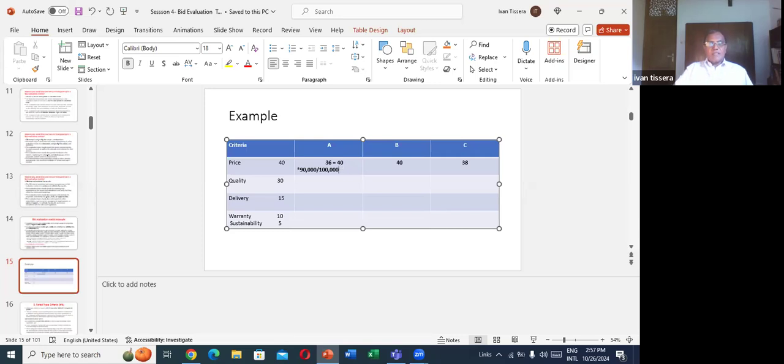Yes. So this is how you have to calculate, right? This is the formula you have used.